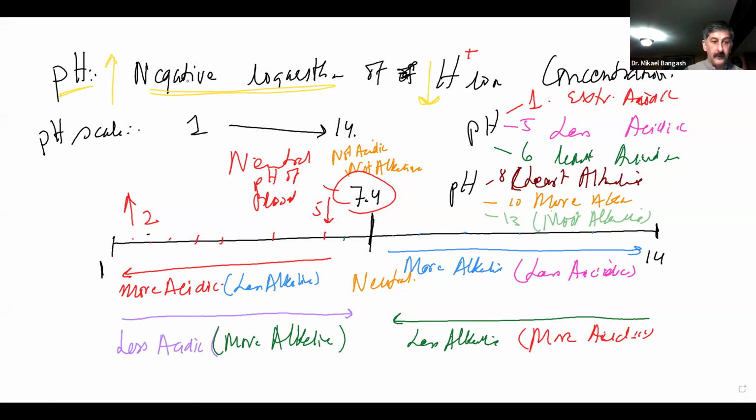Whereas if you go the other way and say the higher your hydrogen ion concentration, the lower your pH.